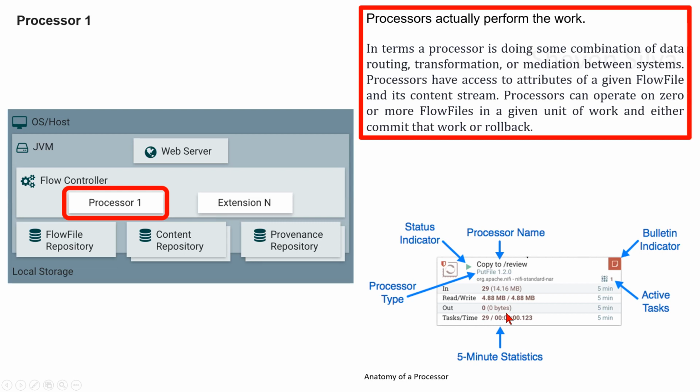In this example, all of the relationships are configured to be auto-terminated, so no flow files are reported as having been transferred out.